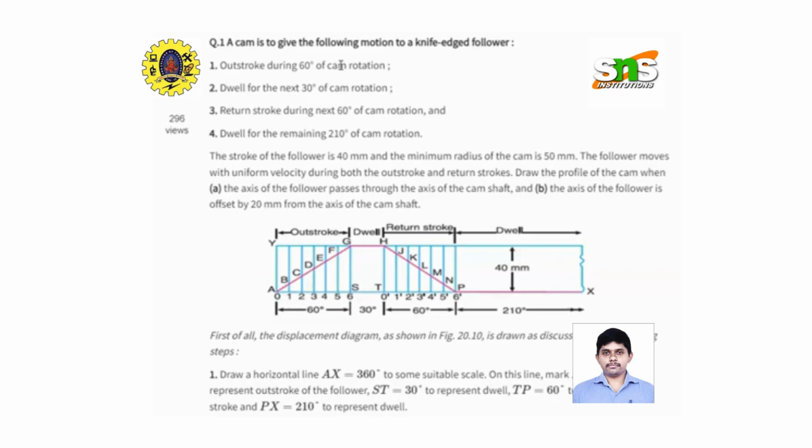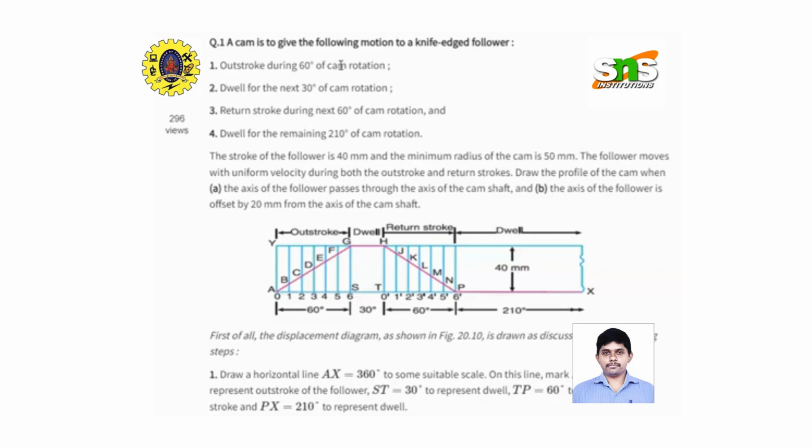After certain seconds, the follower again moves from top to bottom, getting down because of the cam rotation. That is the return stroke. And the last one, after the return stroke, is again a dwell, which means no motion takes place in the follower. So these are the given statements in this problem.